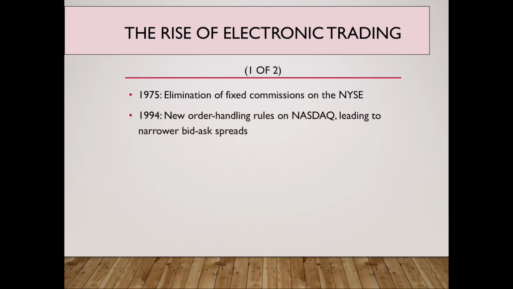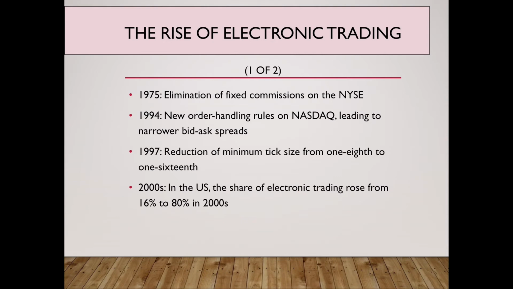Then in 1994, the new order handling rules on NASDAQ led to narrower bid-ask spreads. And then in 1997, the minimum tick size was reduced from 1/8 to 1/16 of a dollar. A tick size is simply the change between a bid and an ask price. So there are much smaller spreads between the bid price and the ask price on these securities.